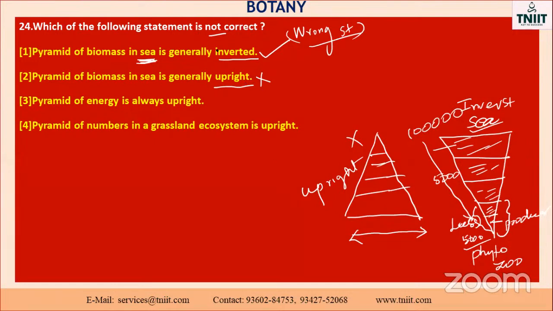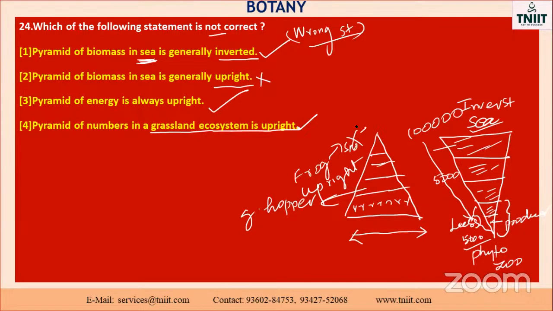So the pyramid of energy is always upright. See, energy is also upright. Pyramids of number of grassland ecosystem is also upright. All are the same only. Grassland, already you know, there are so many grasses. This is eaten by grasshopper. Grasshopper is eaten by frog. Frog is eaten by snake. Snake is eaten by eagle. So it gradually decreases with less number.